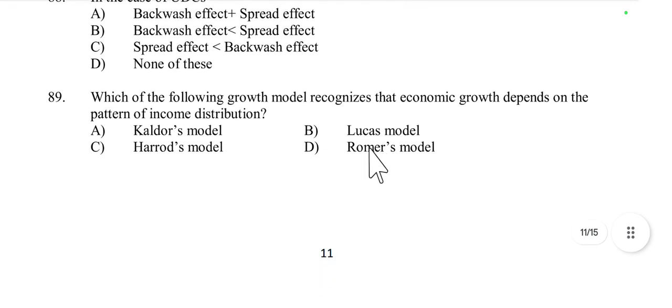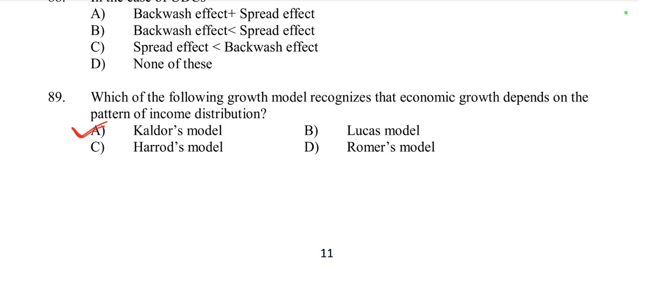Question number 89: which of the following growth models recognizes that economic growth depends on the pattern of income distribution? It is the Kaldor model, because Nicholas Kaldor's growth model emphasizes the role of income distribution in determining economic growth.